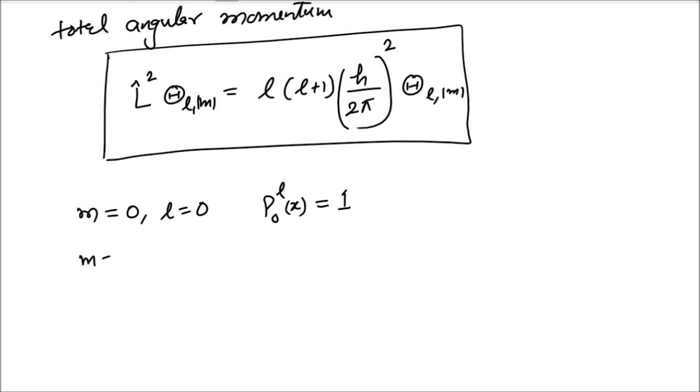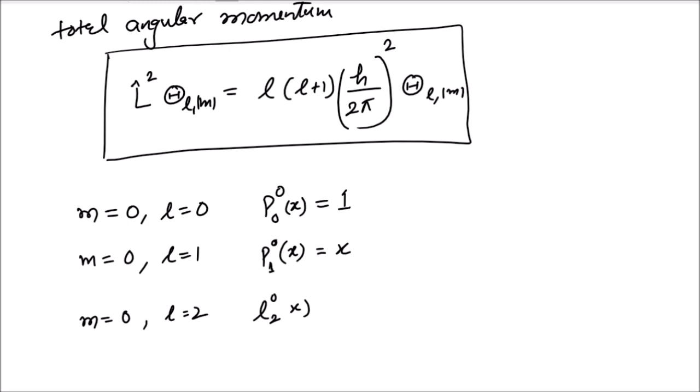If M is 0 and L equal to 1, then P10 comes out to be x only, and for M equal to 0 and L equal to 2, P20 comes out to be 1 by 2 of the expression. You can solve that equation and you will get those answers. So remember, we should resubstitute P and x.